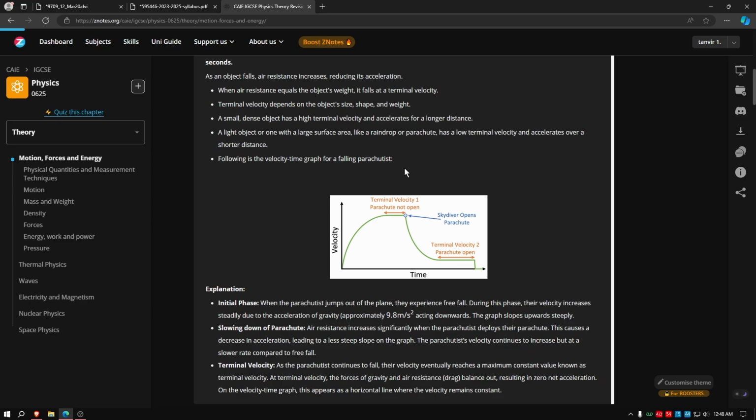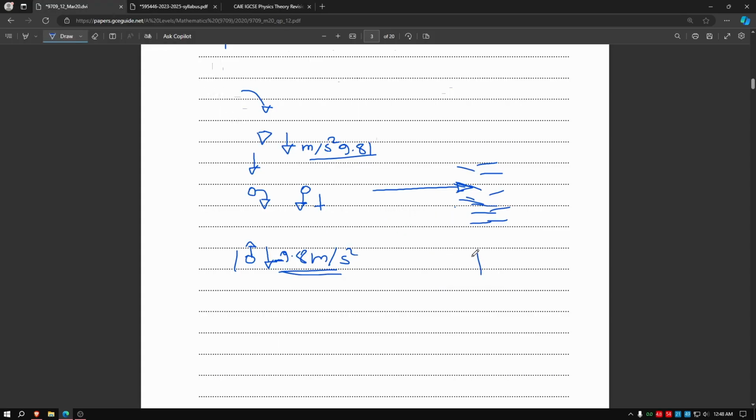The air resistance will not allow you to move this fast, right? The velocity is very high, and now the parachute is open, so your surface area is also very high. So a lot of air resistance is acting against you, and then this air resistance becomes greater than the effect of gravity. So you start accelerating upwards.